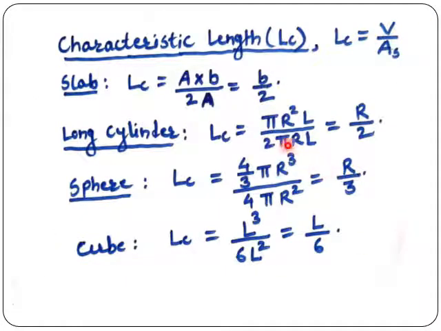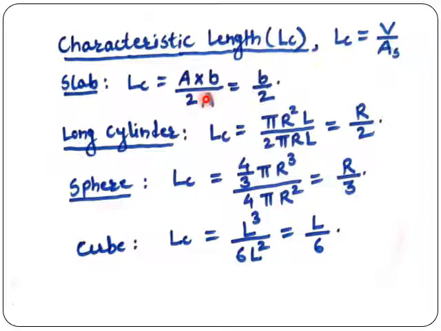So what is that characteristic length? As I told you, it is volume divided by surface area. For a slab, you can calculate characteristic length as area into thickness, where area is the cross section area and b is the thickness of the slab, divided by the surface area on two sides. Generally we avoid the edge areas, since for a slab the thickness is very small compared to the cross section area.